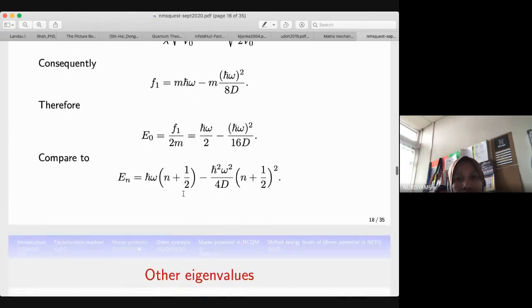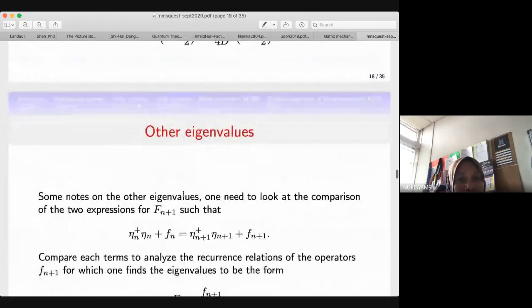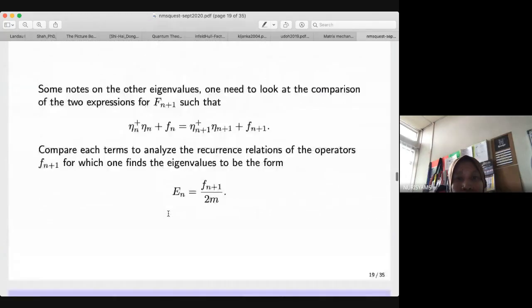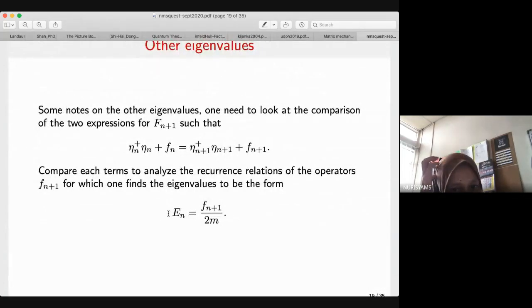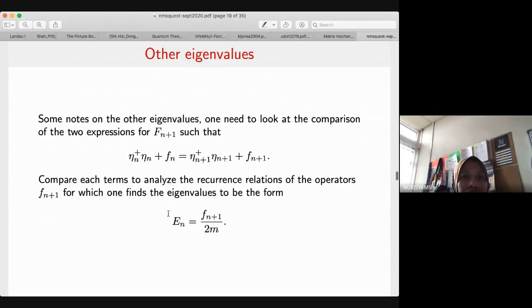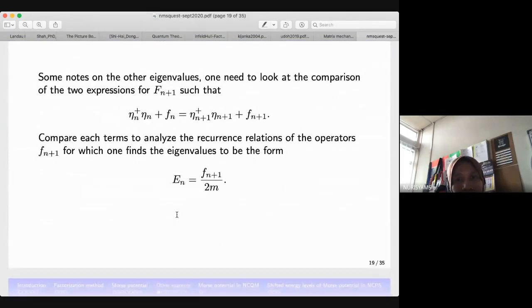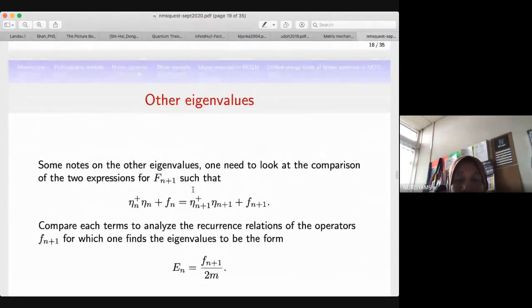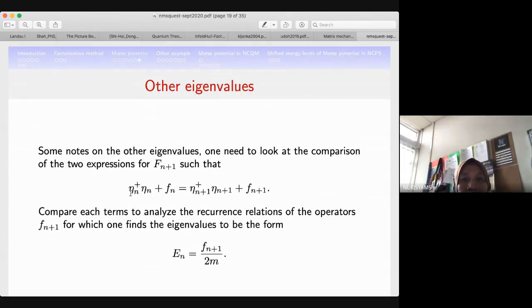But for other eigenvalues, one needs to look at the comparison of the two expressions for F1. This is a bit lengthy actually, but I do the most simple things in terms of the harmonic oscillator. In my abstract, I just want to focus on the least Hamiltonian. For other eigenvalues, you have to compare two expressions: one is your operator of n+1, and the other is for the operator of Fn.